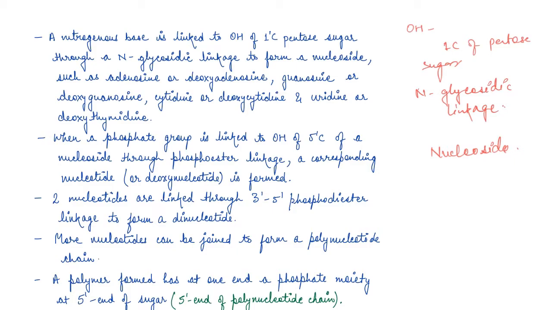So when a phosphate group is linked to OH of fifth carbon of nucleoside, now this is basically combining the phosphate with the pentose sugar. Now this forms the nucleoside. Now the entire nucleoside will be linked to the phosphate group. The phosphate group is linked to the OH group of fifth carbon of nucleoside.